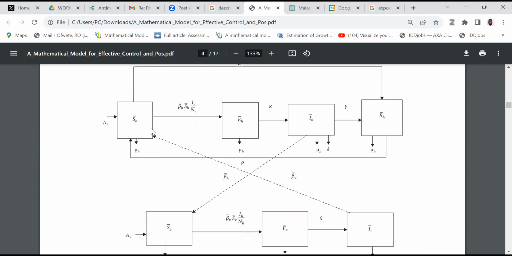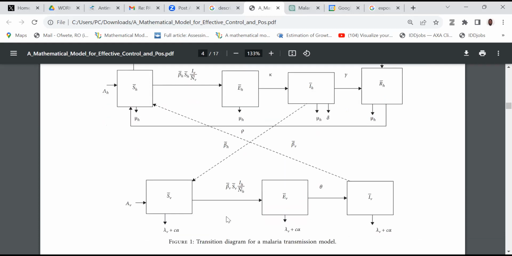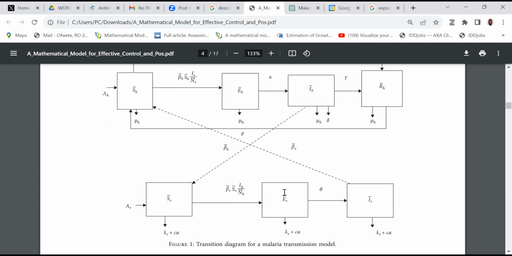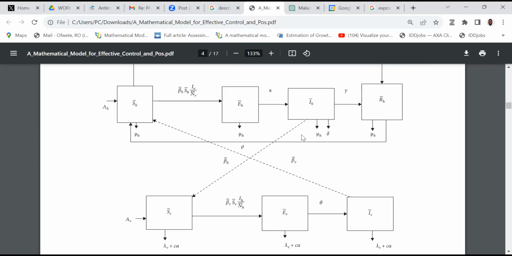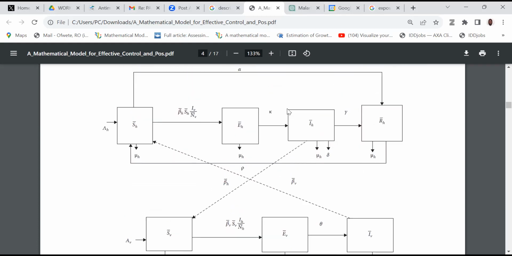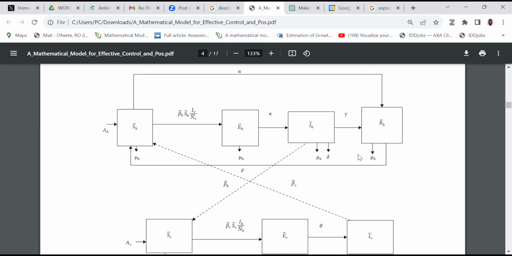Something to note is that these compartments are similar in terms of the notations, but we have subscripts that specify whether it's a human or a mosquito compartment. That was important. And we have the arrows indicating the direction.